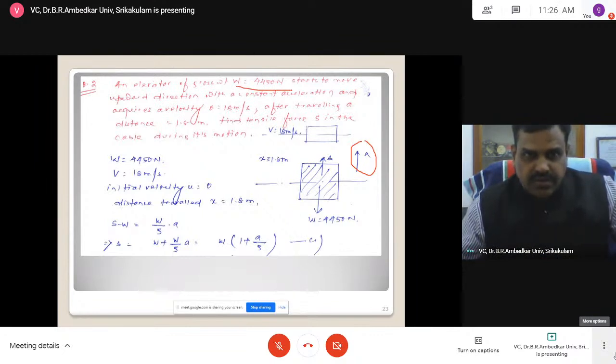Input data is weight is given, velocity is given, distance is given, initial velocity 0. The final velocity is the velocity acquired, starting from initial velocity 0, and the distance traveled is given.